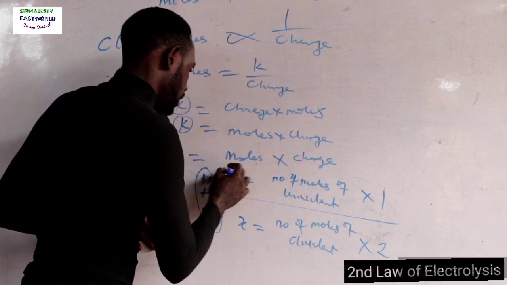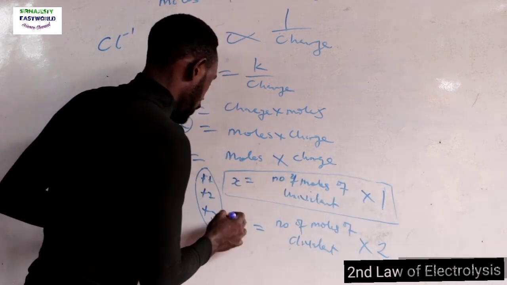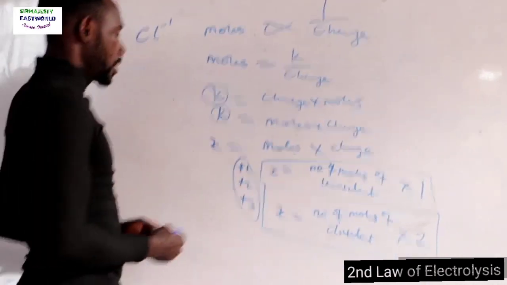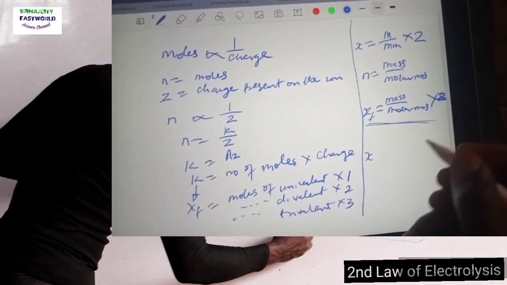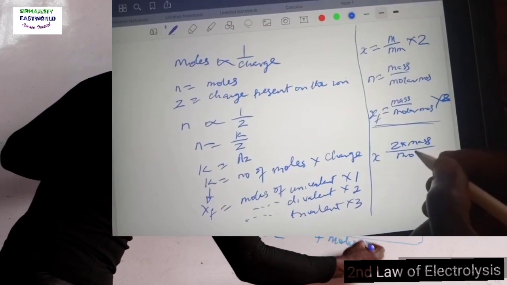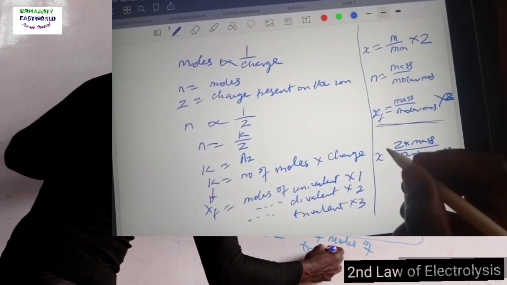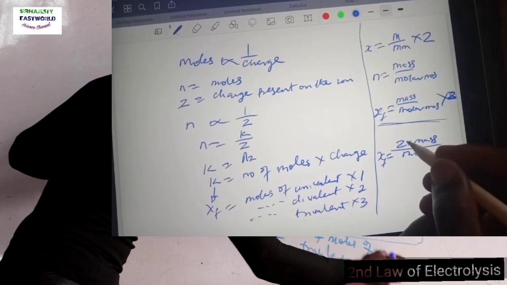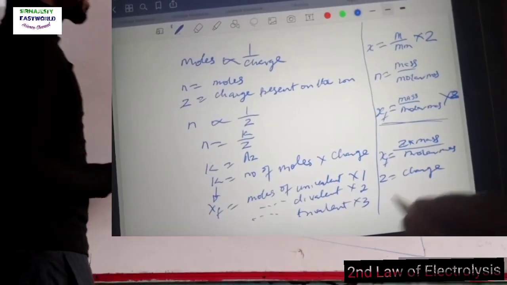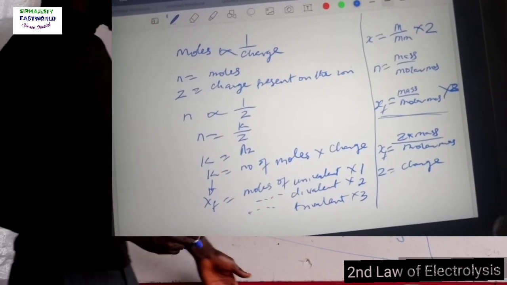See this first thing? Remember that this X is K, a constant, but I want to use the X that we know very well. The same constant is equal to the number of moles of trivalent, such as aluminium, times the charge on aluminium, which is 3. So if you have an ion that also has +4, you can equally solve.